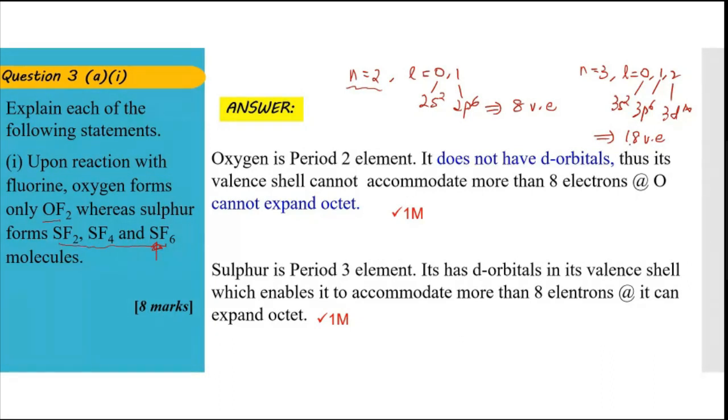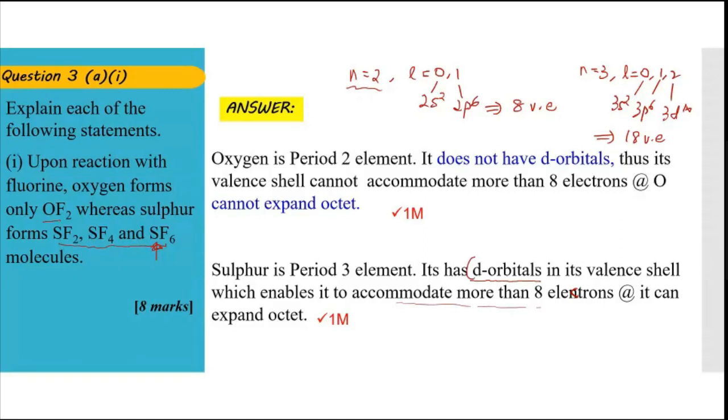So this is far beyond 8. That means it can expand its octet. This is very important. It has d orbitals in its valence shell that enable it to accommodate more than 8 electrons, in other words, it can expand its octet.